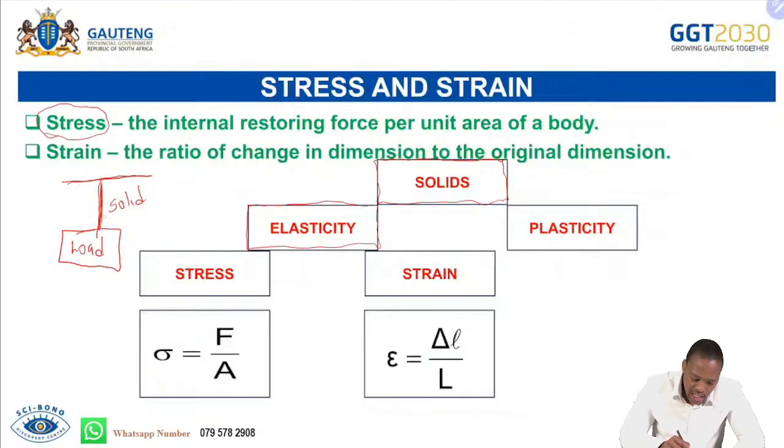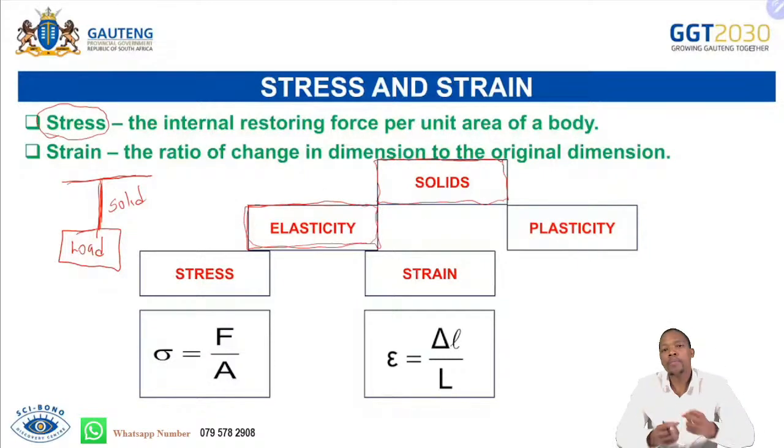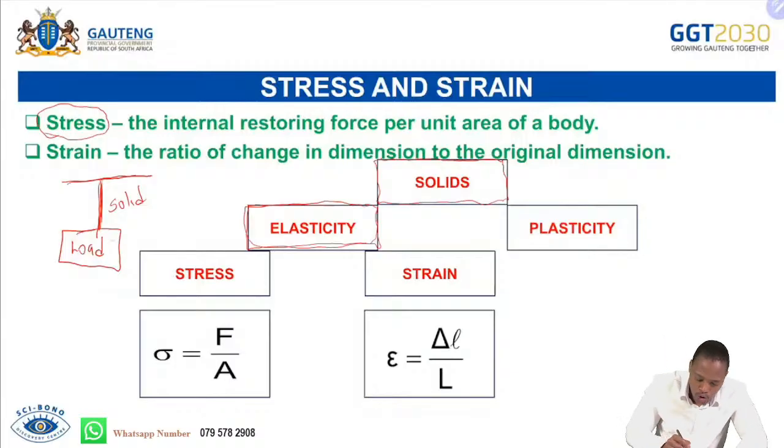So that extension, no matter how small it is, we call it what? Elasticity. The rod will be losing its original shape and size because of the load that is put on it. We will say that this rod is elastic if we remove the load and the rod goes back to what?